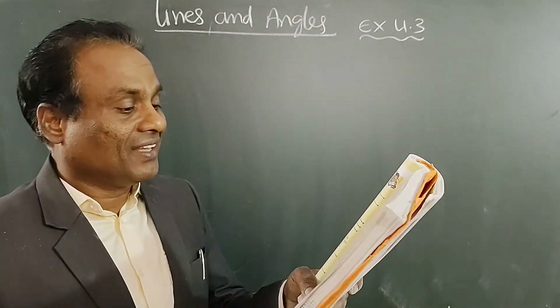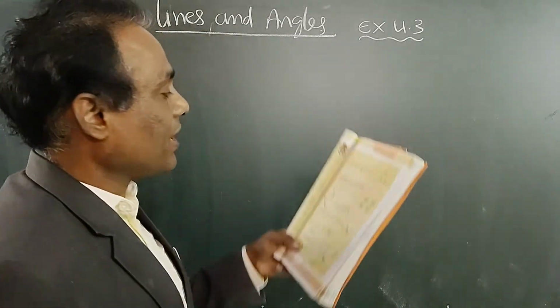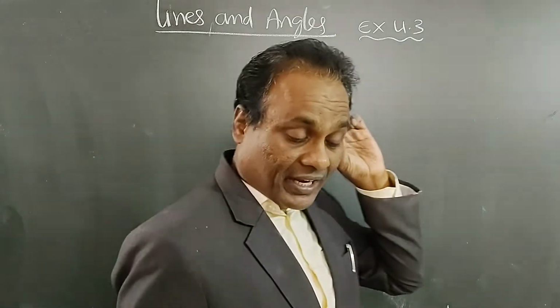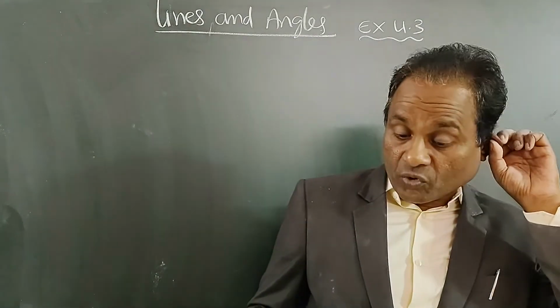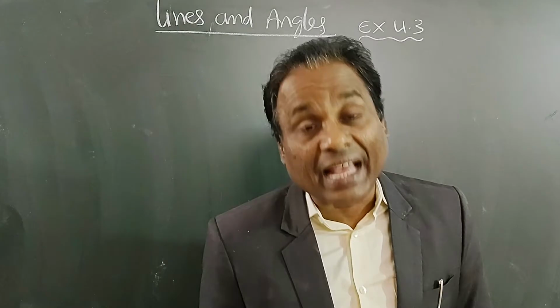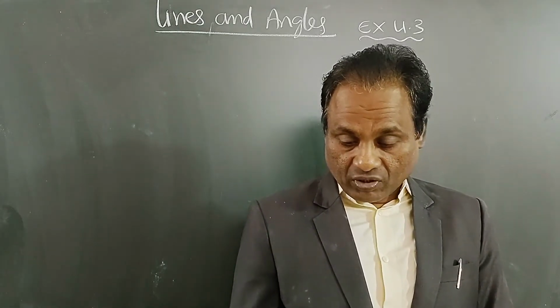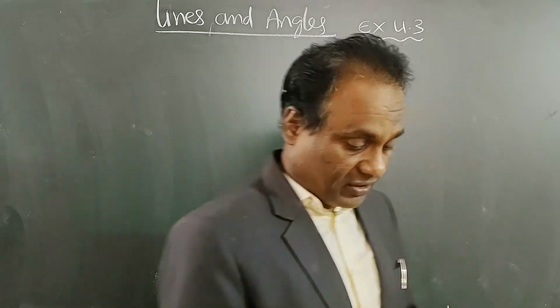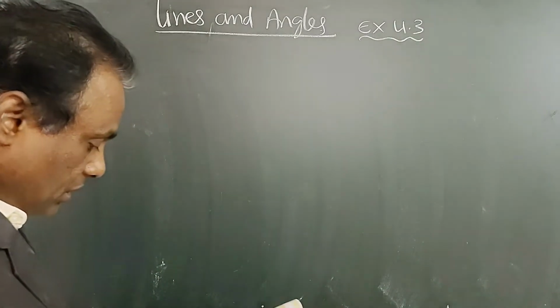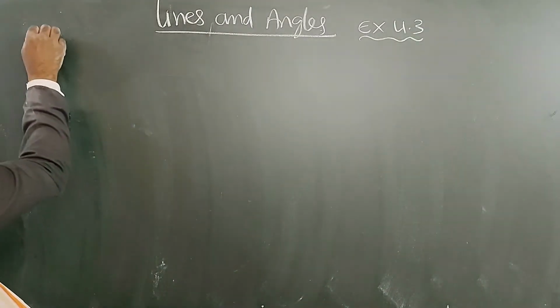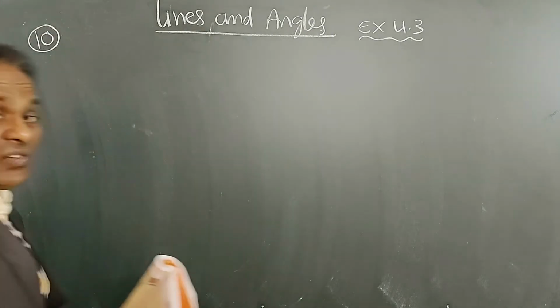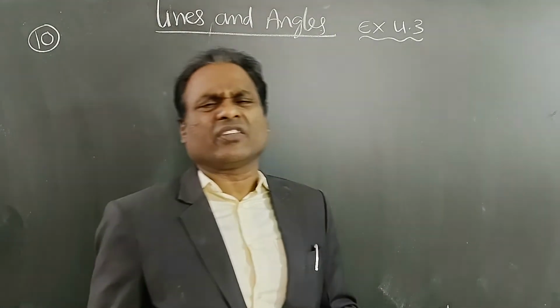Students, now in this exercise 4.3, we completed 4.1 and 4.2. In 4.3, we completed 9 problems. Now this is the 10th problem. All of you read the question, same concept.